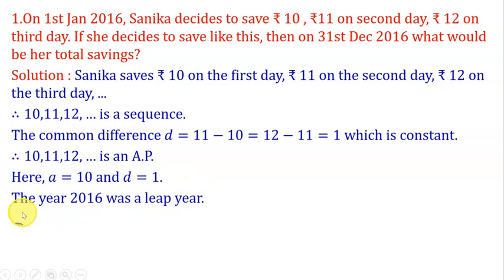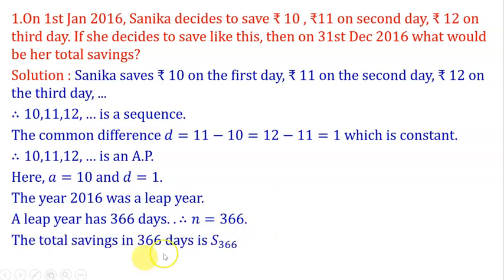The year 2016 was a leap year. A leap year has 366 days. Therefore, N is equal to 366. The total saving in 366 days is S 366.